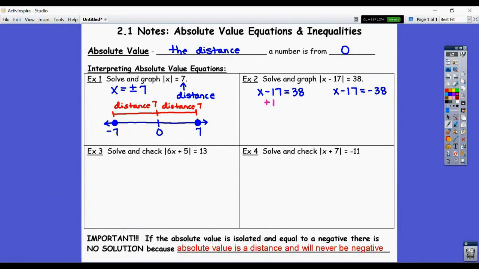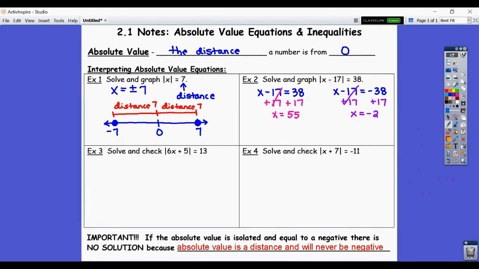So when I add 17 over here, when I have positive 38, I get my answer to be 55. And then over on my left, when I have the negative 38, I will still add 17, but instead of 55, I get a different result, which is negative 21.